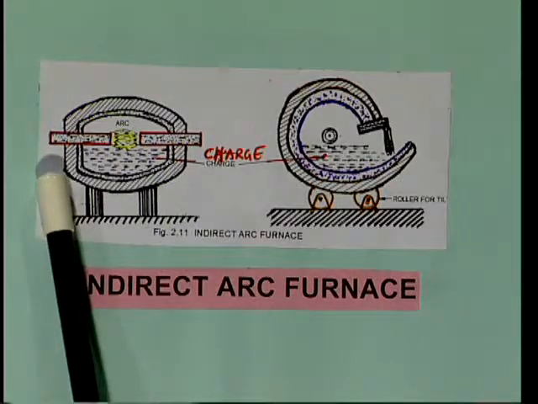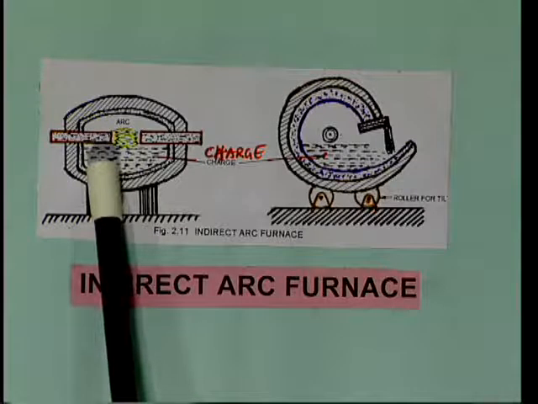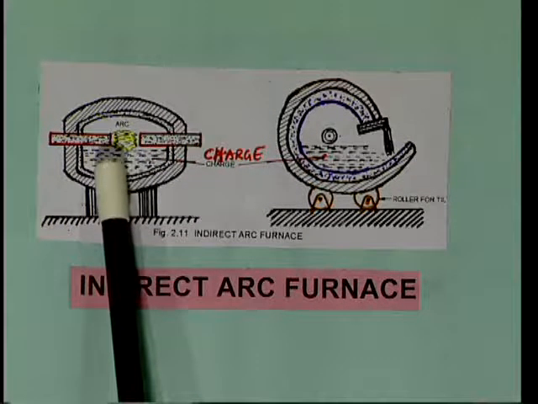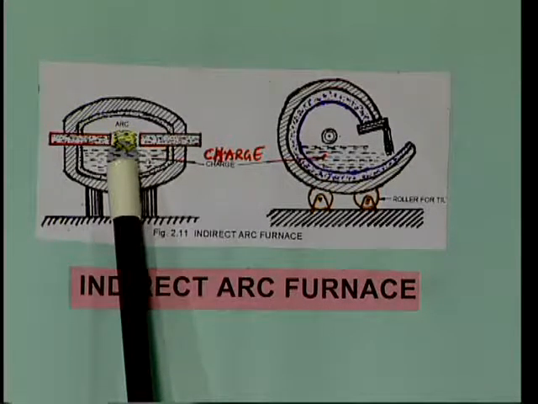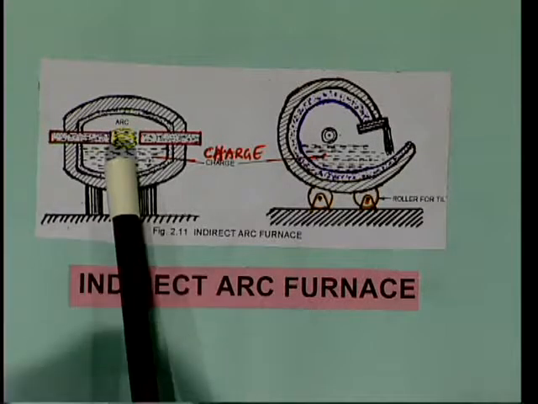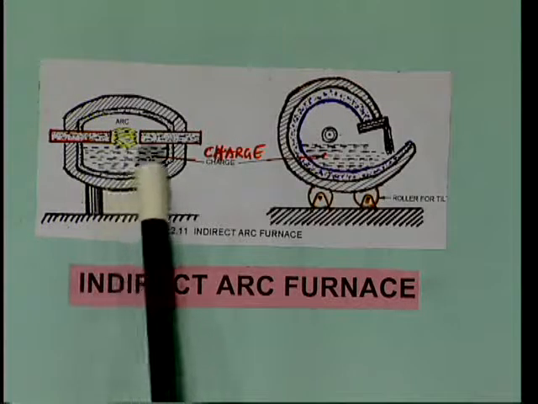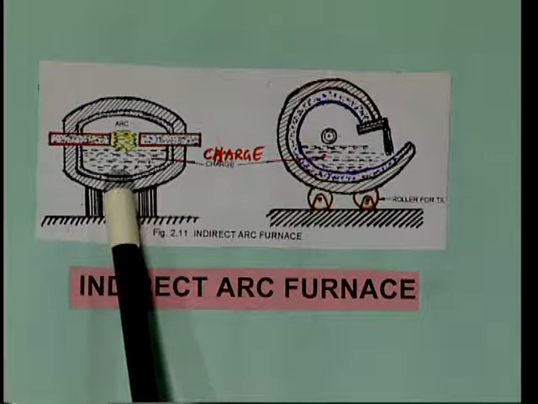Now when the current passes through the electrodes, at one particular temperature the arc establishes. Once the arc establishes, the radiation coming out from the arc will be about 2000 to 3000 degrees centigrade. With that temperature, the material placed inside the furnace is melted into liquid stage.